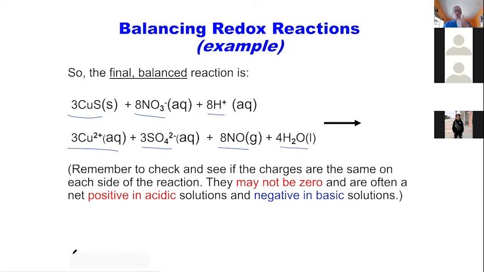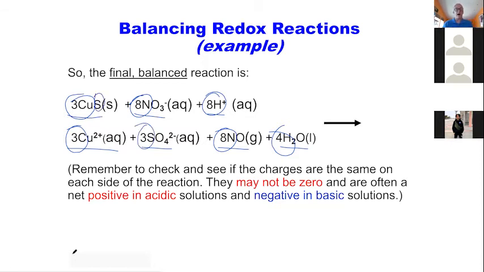Everything should be balanced. We should have the same number of coppers on both sides. We do, 3 and 3. We should have the same number of nitrogens, 8 and 8. The same number of hydrogens, 8 and 8. And the same number of sulfurs, 3 and 3.